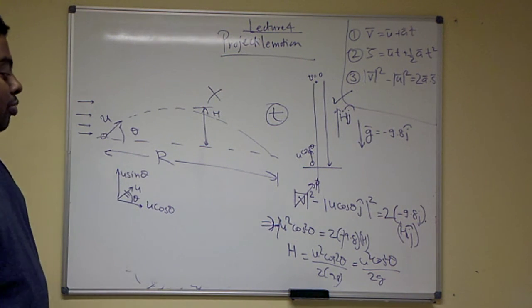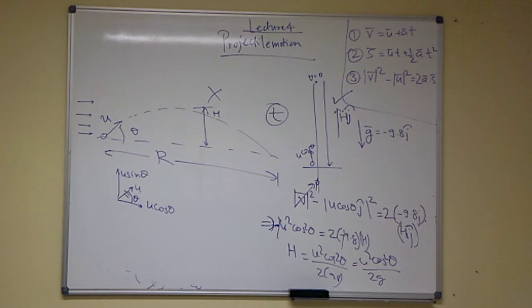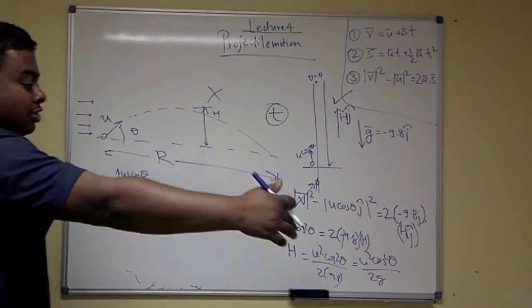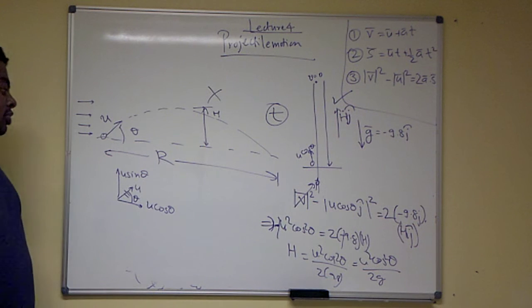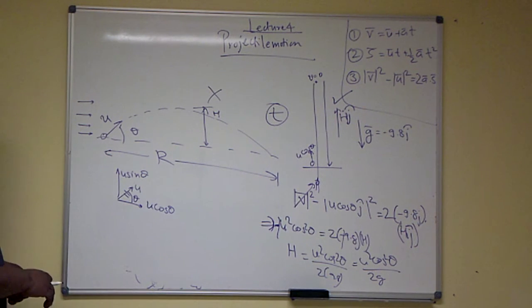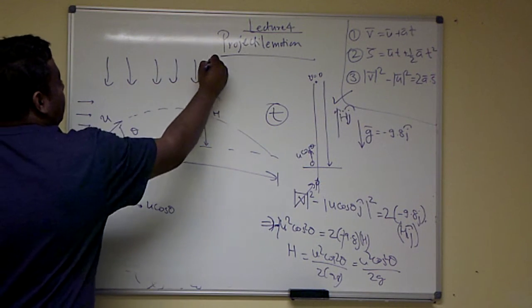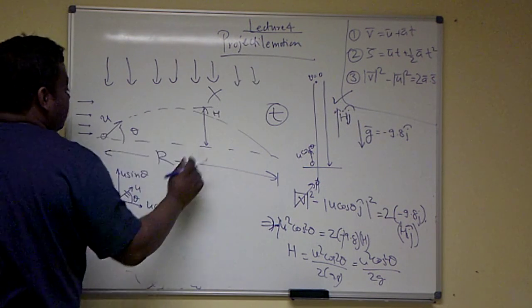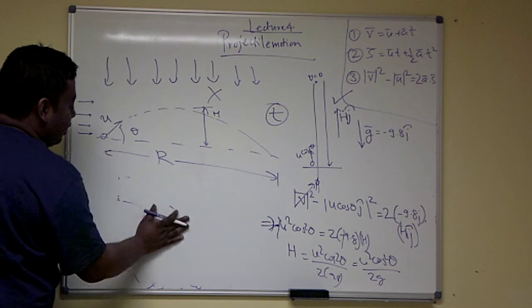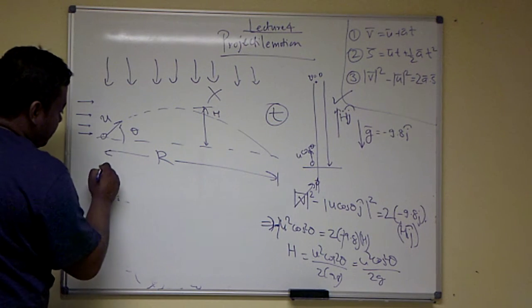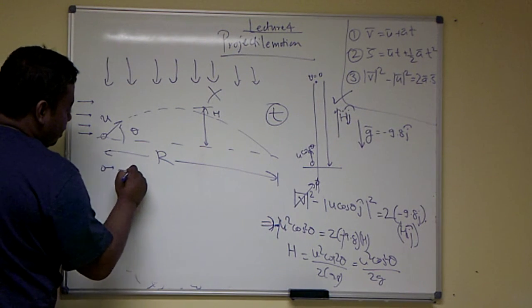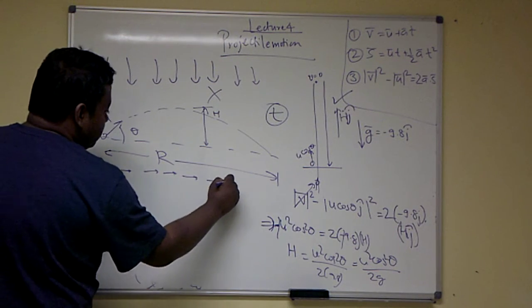Now the other important interesting concept is how much is the range of this projectile. In order to find the range, you will throw a stream of light in the negative j direction, and then you will see a shadow of this ball moving in the horizontal direction.